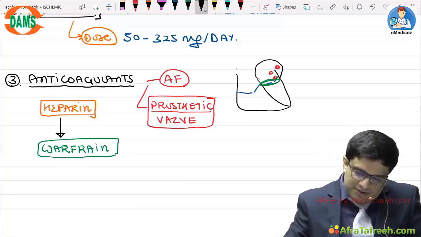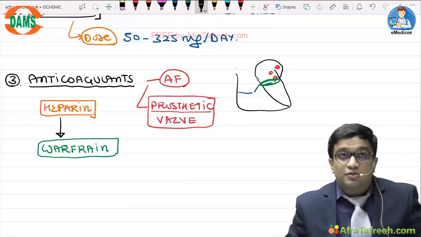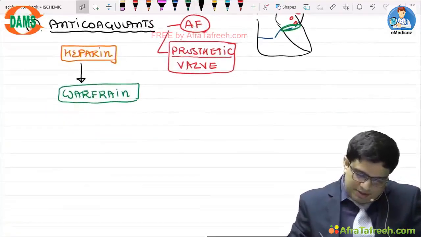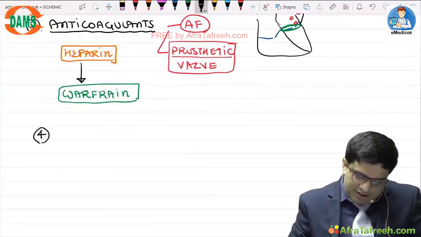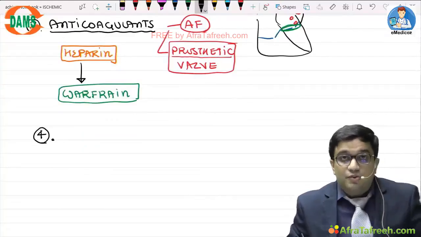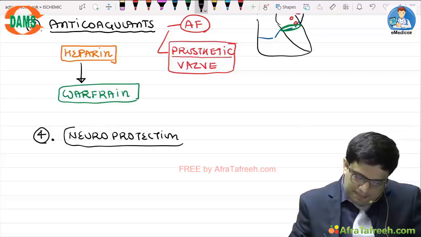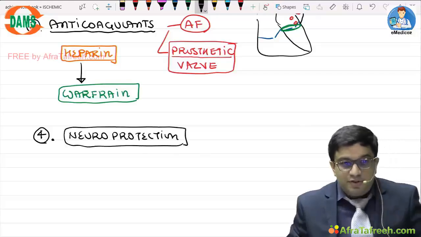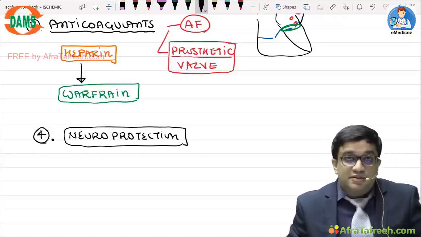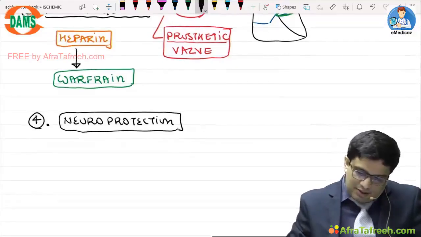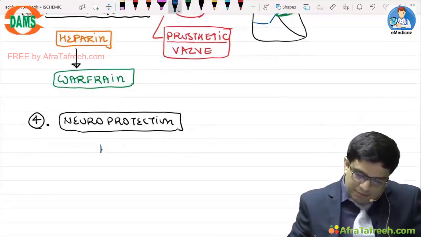So apart from this, there are other things that we need to know about. The aspirin, the thrombolytic agent, the anticoagulant, and now number 4, neuroprotection. In neuroprotection, to some extent they have done a study that hypothermia could be protective.